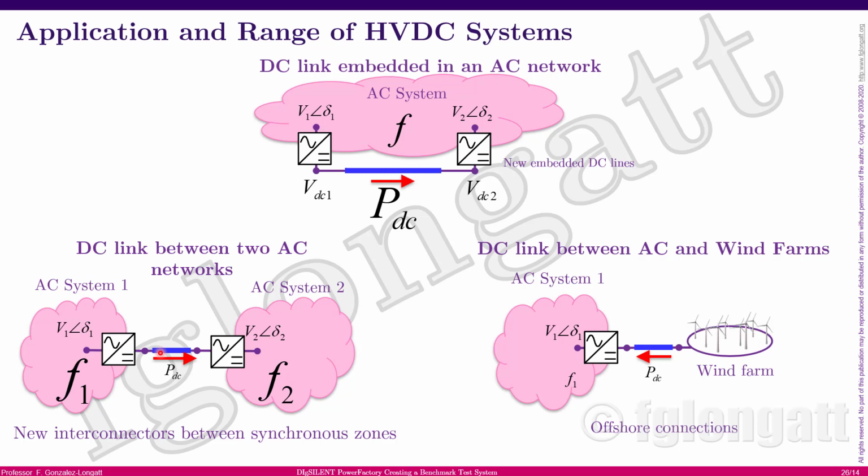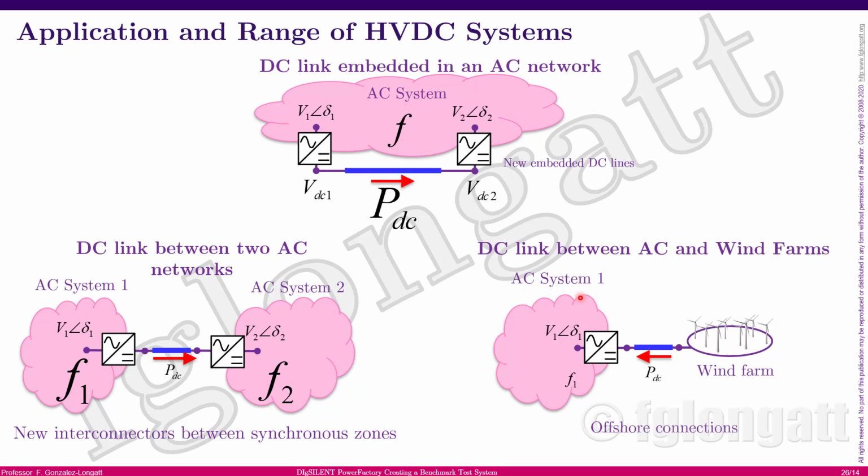However, most recently, we are using HVDC links for offshore wind power because they offer several advantages, especially the use of DC undersea cables for the interconnection with far wind farms. However, the topic today, the most important thing, is the DC link embedded inside a classical AC system.